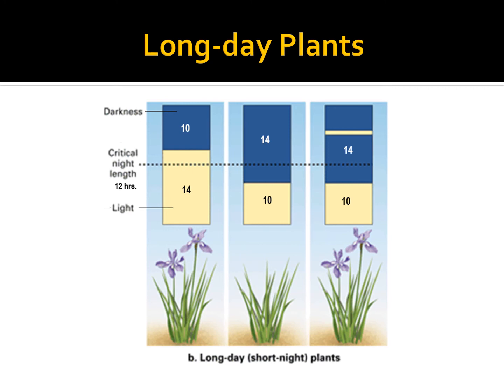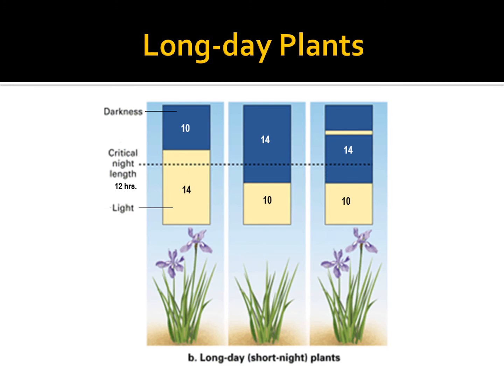In this example, this particular species of plant has a critical night length of 12 hours. So if this is a long day plant, or aka a short night plant, then if the nights are shorter than the critical night length, the plant will flower.